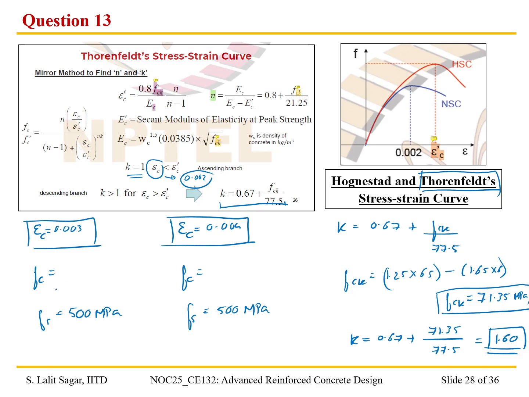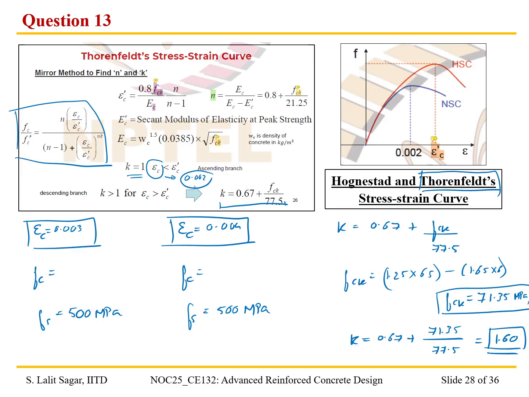Okay, and for these, I encourage you to kindly take the help of this equation, and for strains of 0.003 and 0.004, find out the value of Fc. I'm just going to write down what is the value that I got.